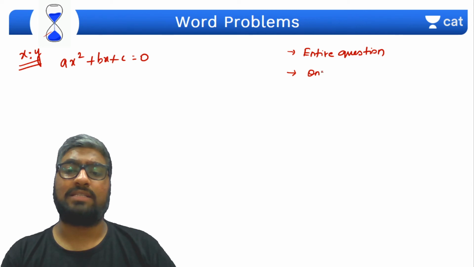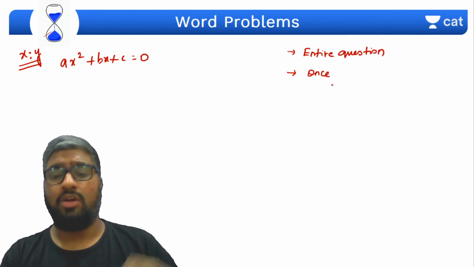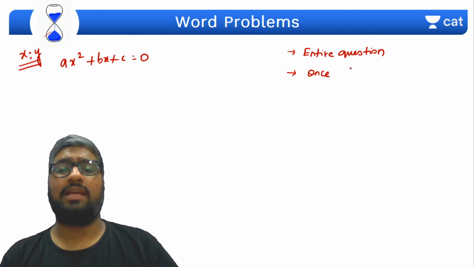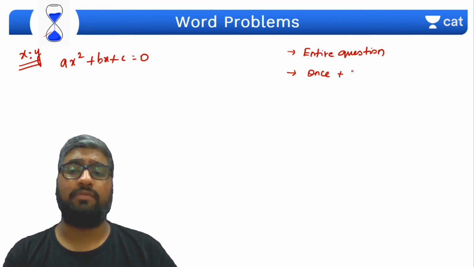Hardwire yourself, program yourself in such a way that when you read something once, you are able to understand what is given. And when you're done reading it once, at the same time you have to take down the given information immediately.